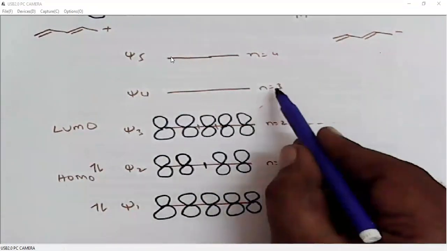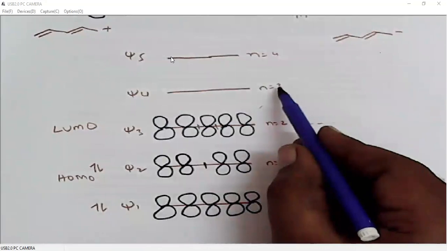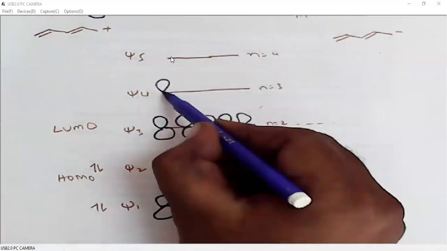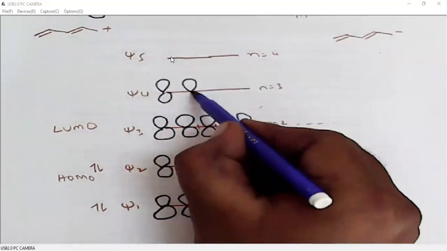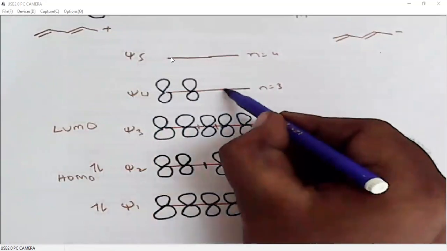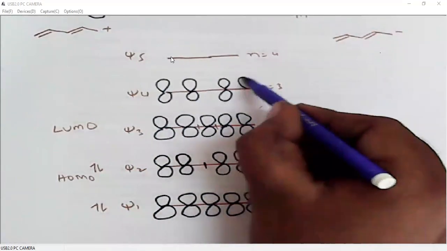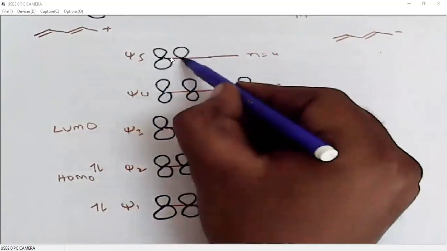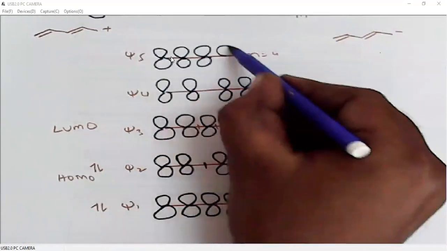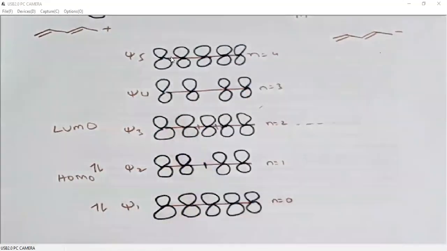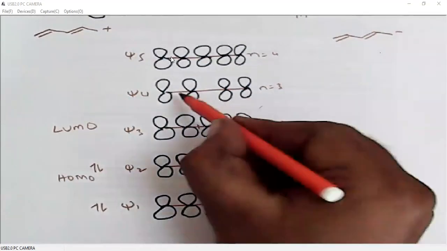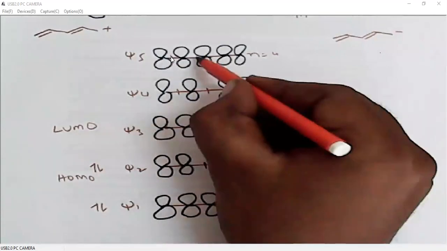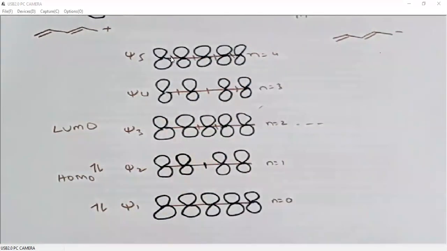Even here, when we want to represent 3 nodes symmetrically, it is difficult. So here also we need to miss one orbital. The middle orbital we will be missing again. In the last case, it is easy because there are 5 orbitals and 4 nodes. We can give one node after each orbital.